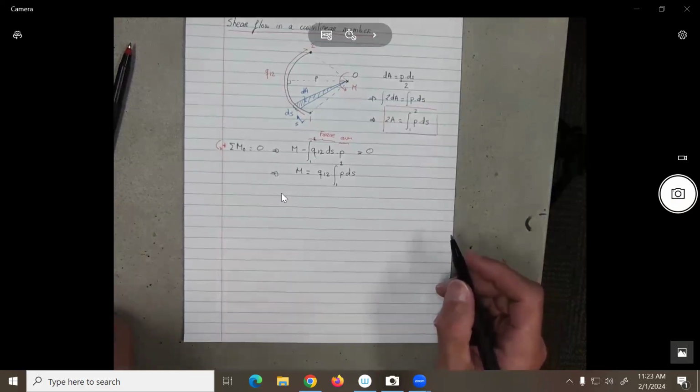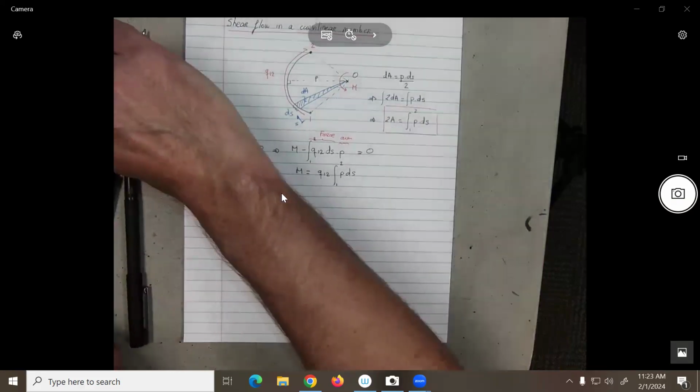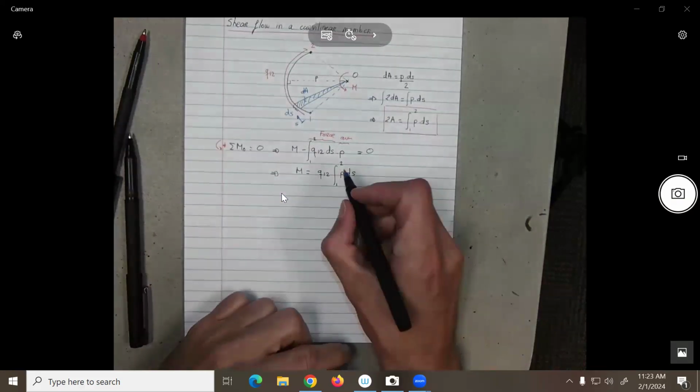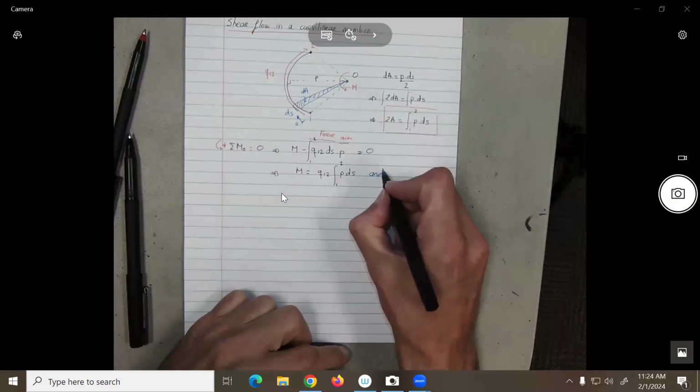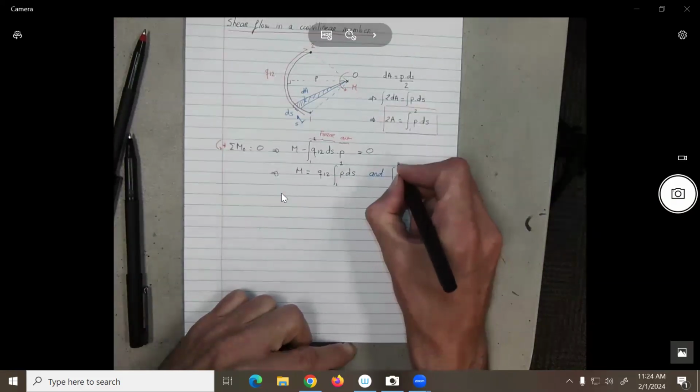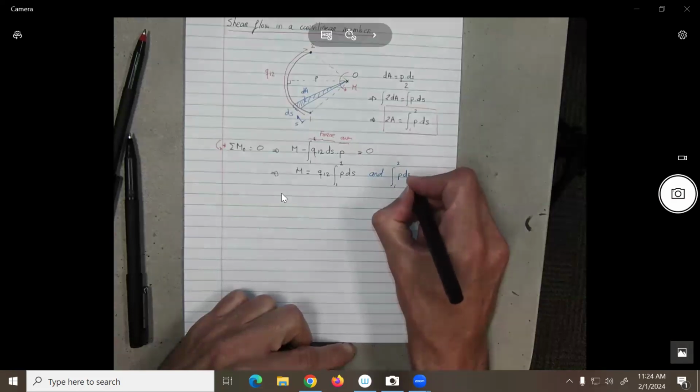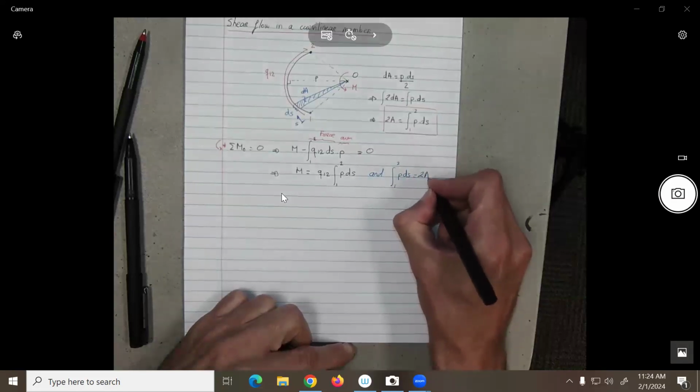So basically now I'm doing all this stuff for what? What we just showed is this term over here, and let me put it here on the side, and we know that the integral from 1 to 2 of P ds is equal to 2A.